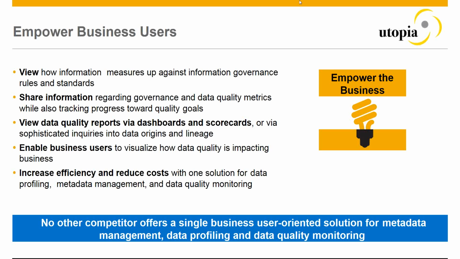So viewing how information measures up against information governance rules and standards, sharing information regarding data quality metrics and governance, viewing data quality reports and dashboards, and this becomes very important in terms of cascading this up to the folks who are overseeing as a committee the data migration, enabling business users to visualize the impact of data quality, an important key associated with deriving the business case and having empirical information to be able to justify taking on data quality and the additional budget that's necessary.